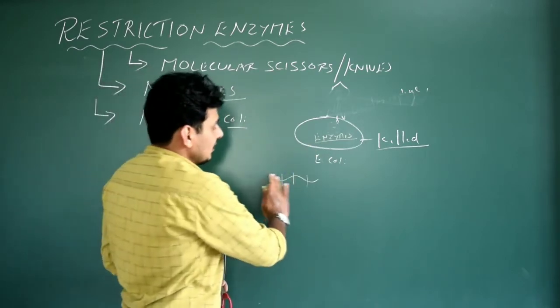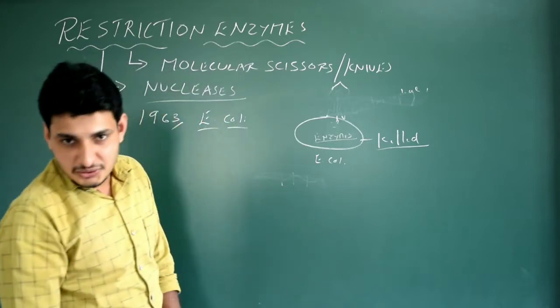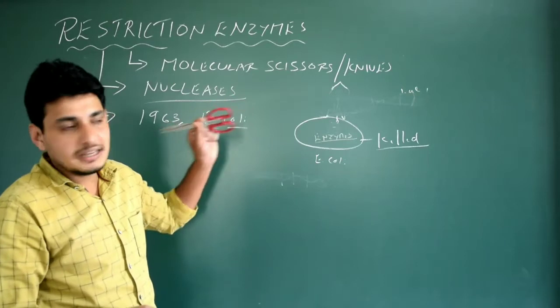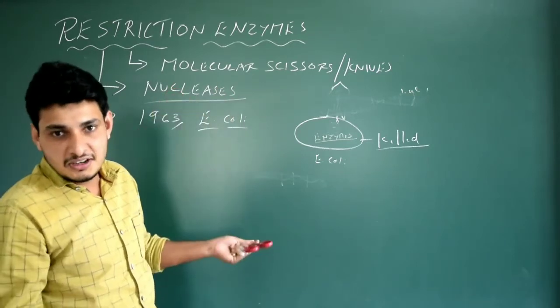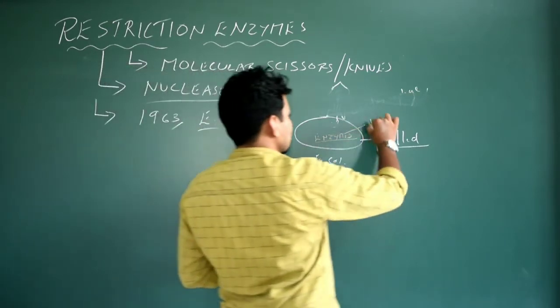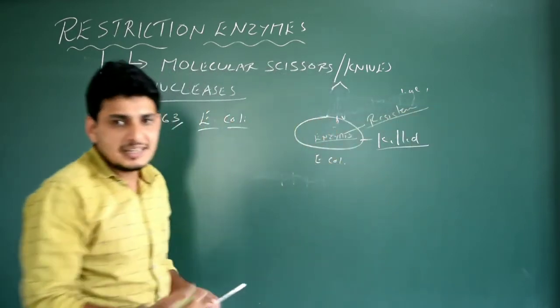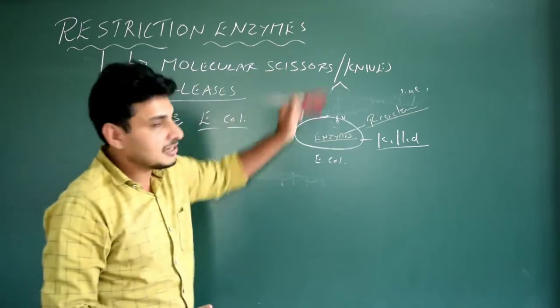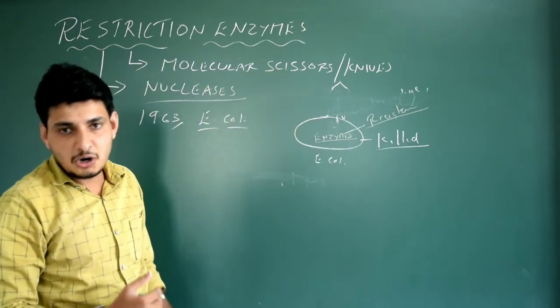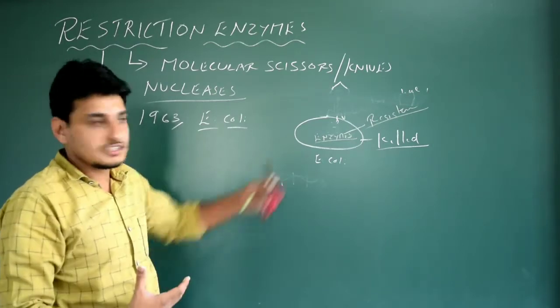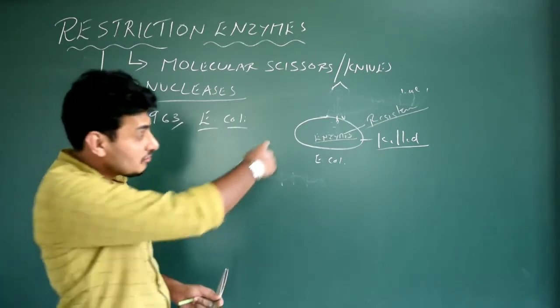As a result, it cannot produce its proteins. So this is nothing but resistance. This E. coli is exhibiting resistance to the bacteriophage DNA. It is not allowing the bacteriophage DNA to take over the E. coli cell, because of the enzymes.